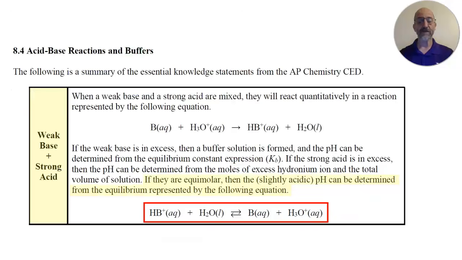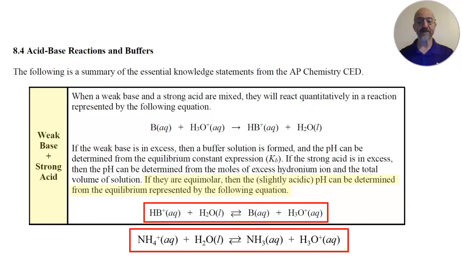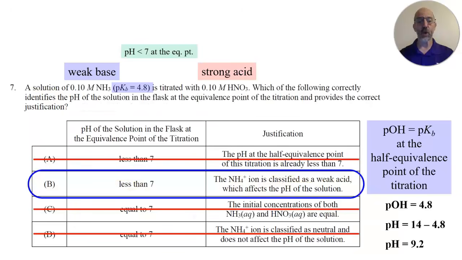When you have a weak base and a strong acid, it's the presence of that HB+, in this case the ammonium ion, reacting with water, that will produce some hydronium ions, and so that's why at the equivalence point of a weak base strong acid titration, the pH will be less than 7 or slightly acidic. So the correct answer to question 7 is choice B.